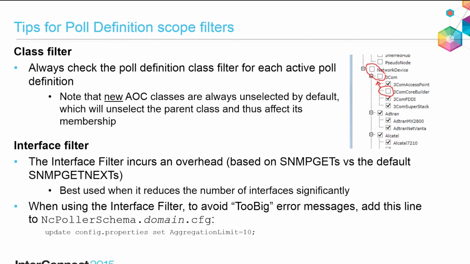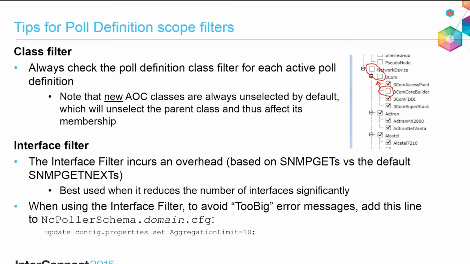That's unchecked there. So the thing to watch here is don't ignore that AOC or the device class filter. When you're setting up your poll definitions, always check and make sure that all the classes you want to poll are checked. That can be a surprise if you don't.